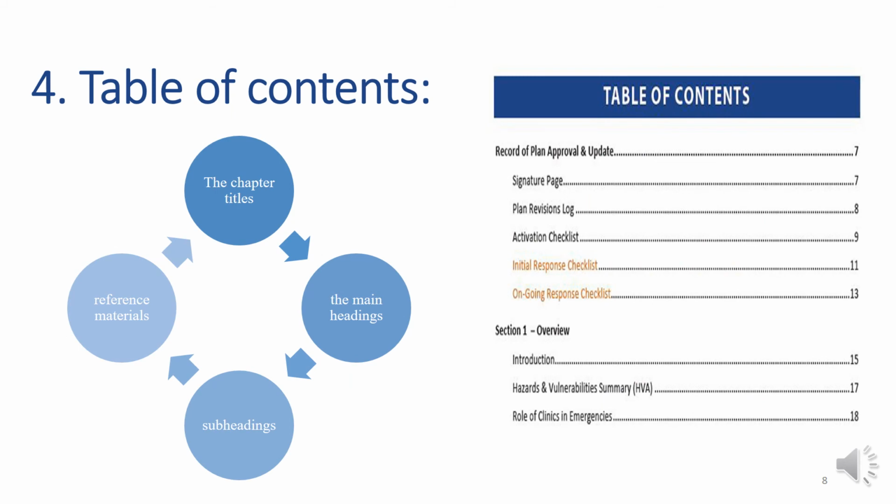What about the table of contents? The table of contents is the final outline of the paper. It serves an important purpose in providing an outline of the contents of the report. It precedes all the sections it lists. The table of contents should list all the elements of the preliminaries, the chapter titles, the main headings and subheadings in the text, and reference materials.